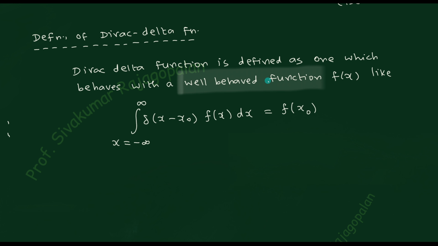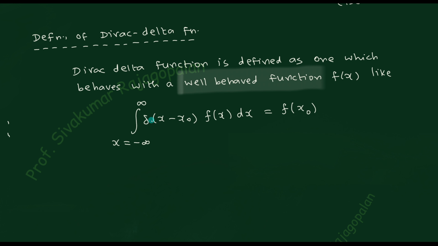So we have to bring this terminology for f of x, because the delta function doesn't have this well-behaved property. This is the point to be noted. The delta function itself doesn't have the well-behaved property, because as you see with the peaking function, the peak will go to infinity. When m approaches infinity, with epsilon approaching 0, as we have seen in the graph, the peak goes to infinity.